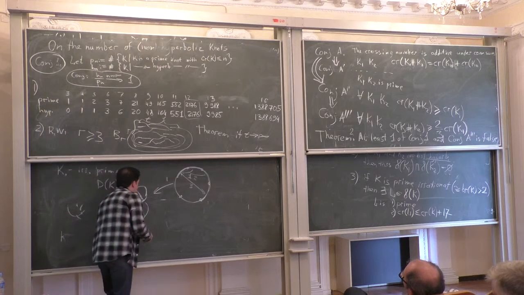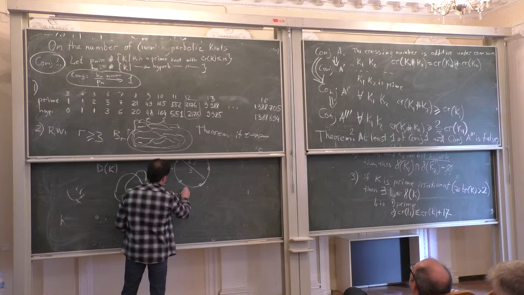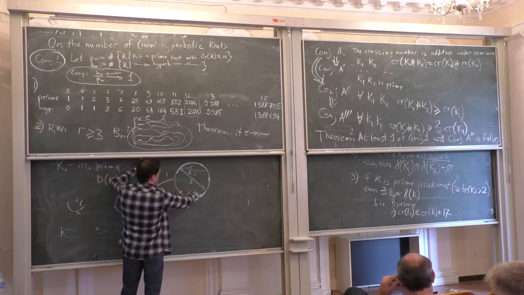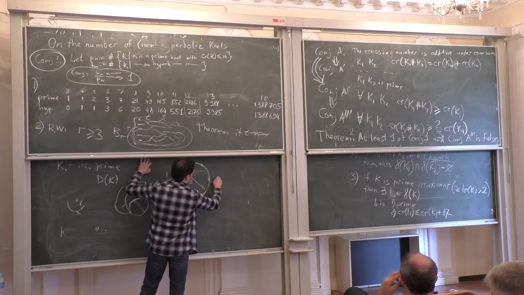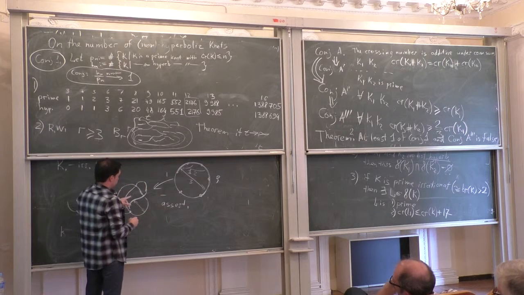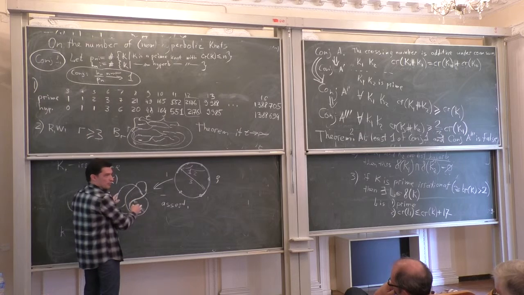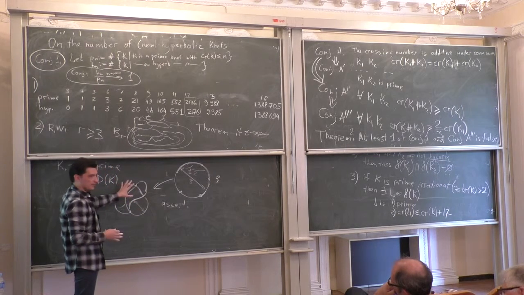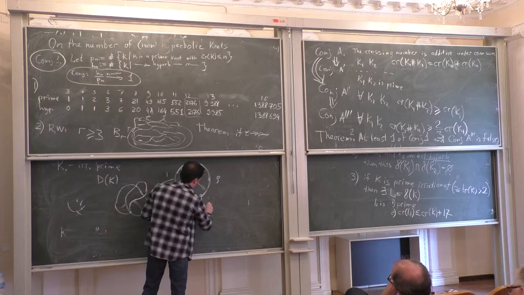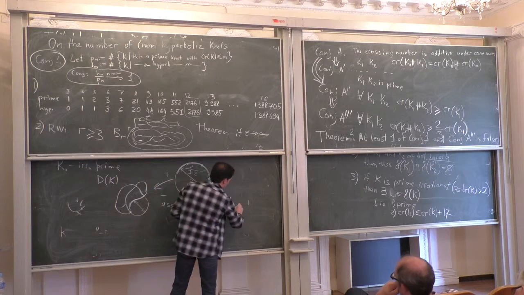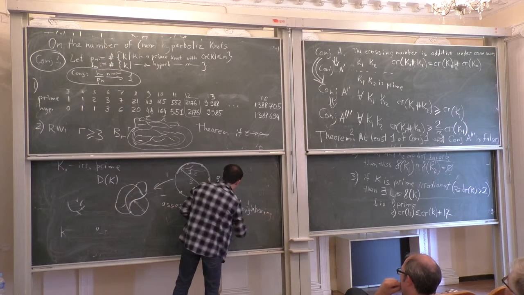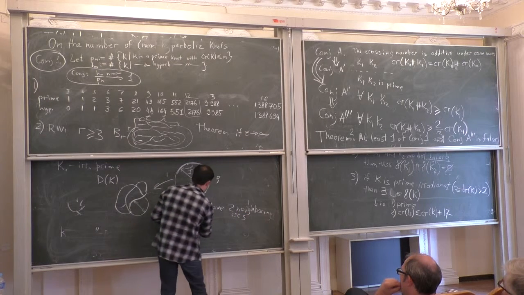So the assertion that I need, on any diagram of a knot, here we have a minimal diagram, but it doesn't matter, in any diagram of a knot we have two neighboring arcs such that the distance is large.